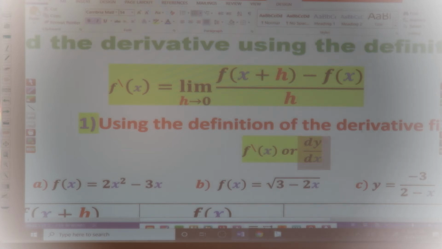Sometimes they call it y prime, or y prime of x. It could be f prime of x, dy by dx, or y prime. Any one is good. It's just a name.